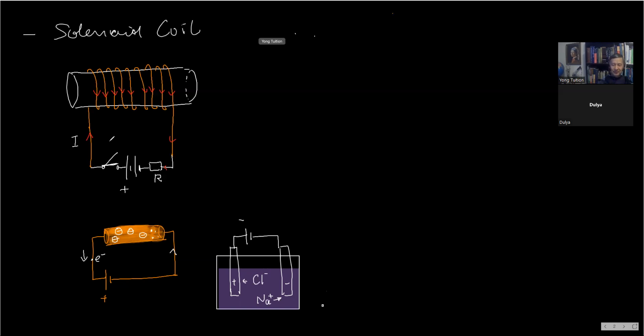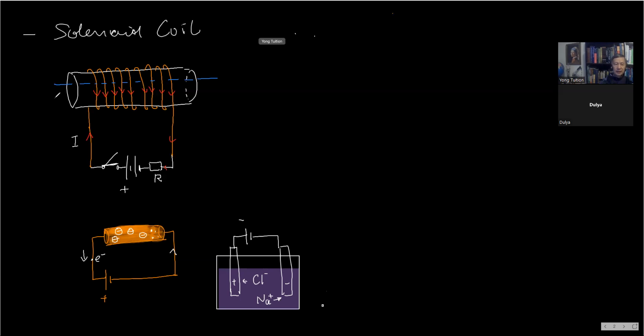So it's a convention in electricity that the current goes from the positive of the battery to the negative. That's it. Anyway, this direction matters because it will determine how we identify the magnetic field generated. As a result, the magnetic field is generated.